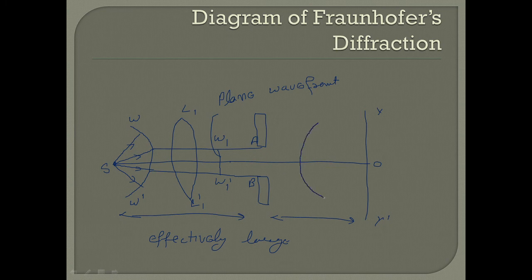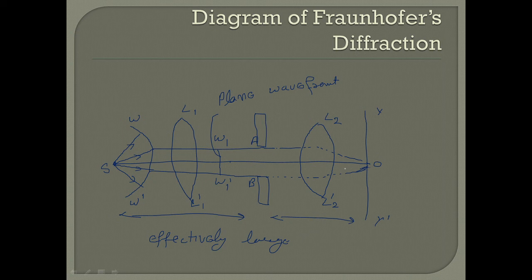This convex lens is named L2, L2 dash. The rays are coming from this and reach at the point O and produce a central bright fringe.